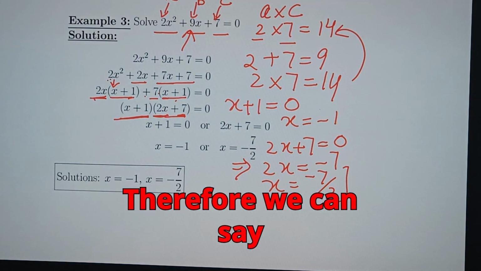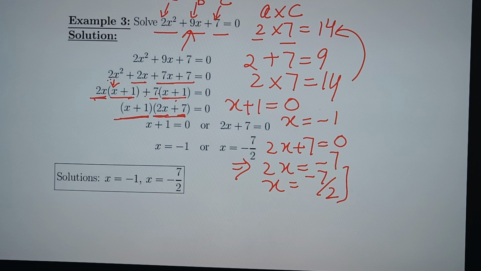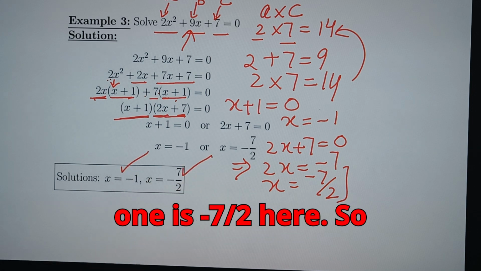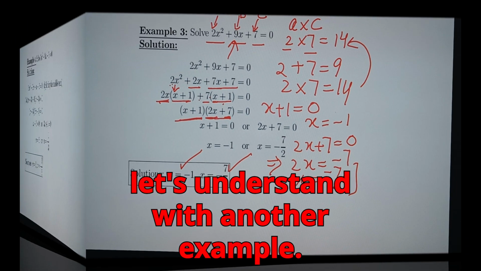Therefore we can say that we have two solutions, one is minus 1 and another one is minus 7 by 2 here. So let's understand with another example.